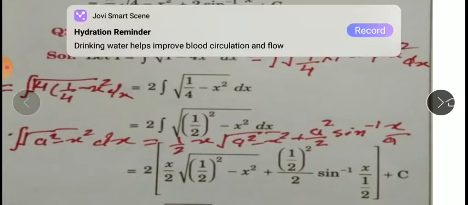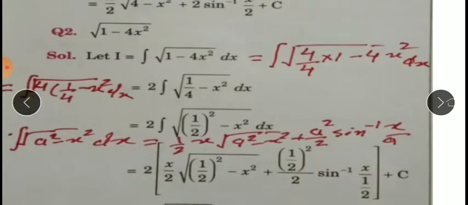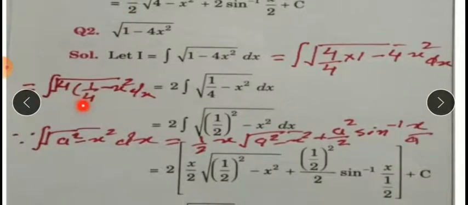To change into integrable form, we can write integration root, multiply 1 by 4 upon 4, minus 4x square. Now the numerator 4 is common out. Under the bracket you can see this is 1 upon 4 minus x square.